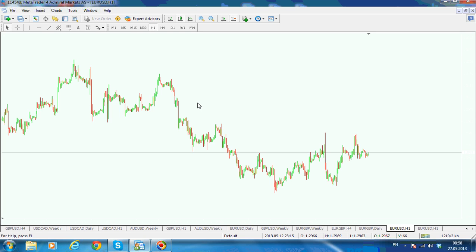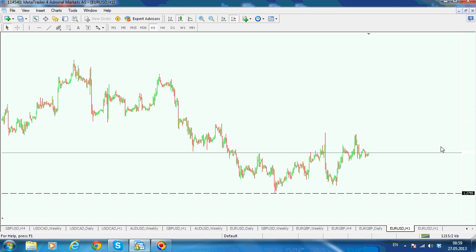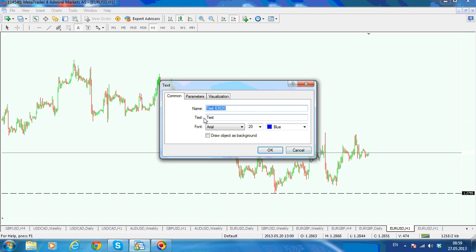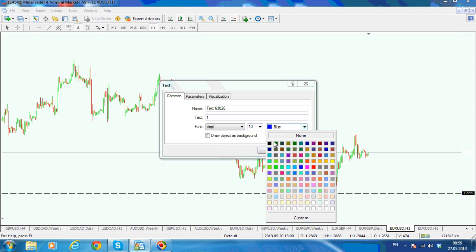Now this is the euro dollar 1 hour chart, and from these lows here, as you very well know, we have something that resembles a leading diagonal, with this being a 1, for example. Let's make this one black.